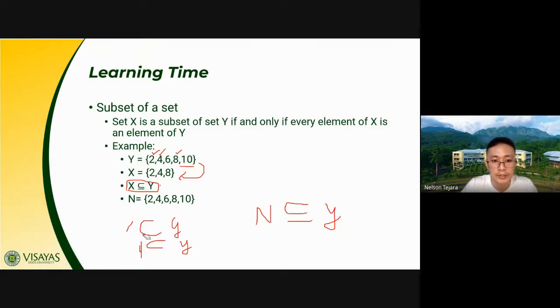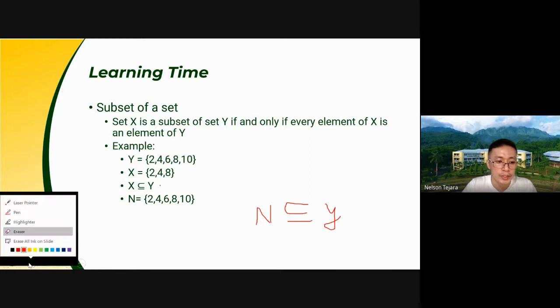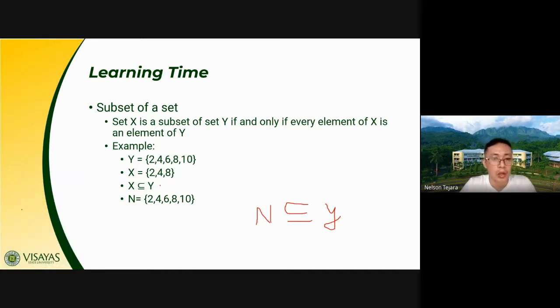Let me try to erase these writings. Again, class, from our previous example, considering set X and set Y in this example, set X is a proper subset of set Y because set Y contains at least one element not found in set X. And what are these elements?